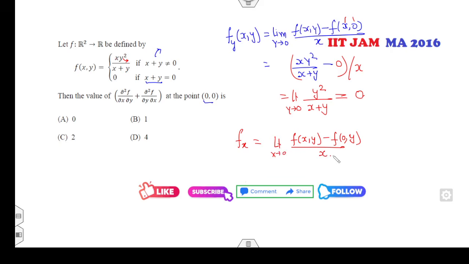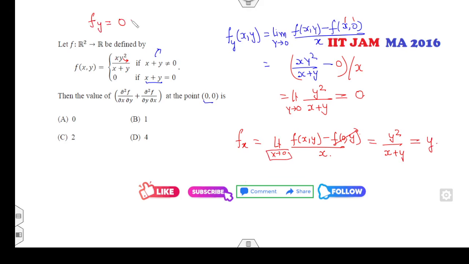Clear? So what is the answer? Again, this part will be 0. If you substitute xy, x will cancel out. That number will be y square over x plus y. If you substitute limit x approaches 0, the answer is y.